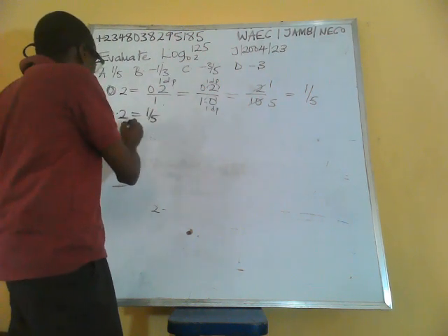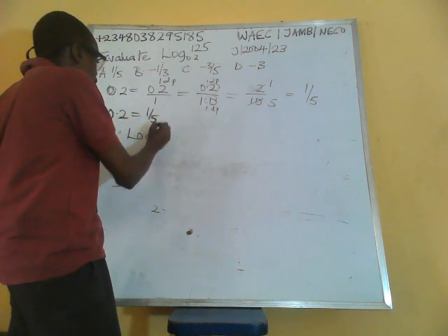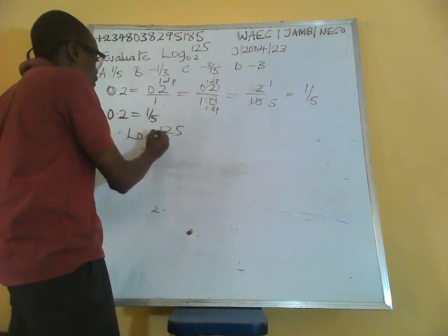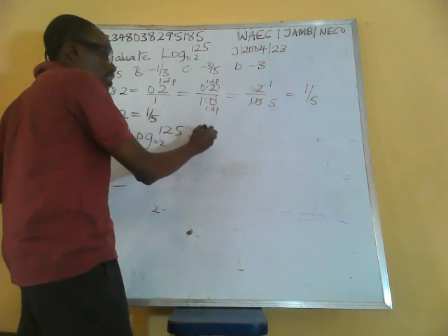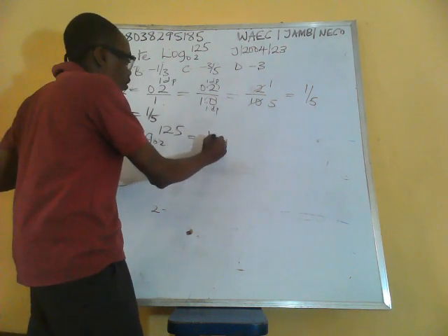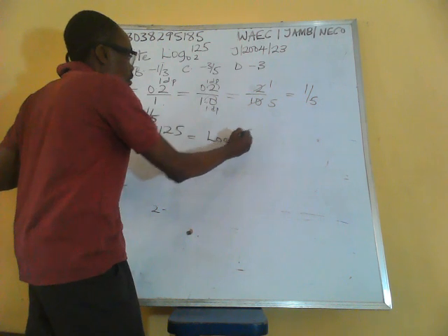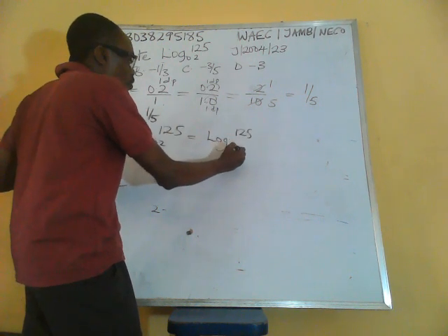So now we have log 125 to base 0.2 can be written as log 125 to base 1 over 5.